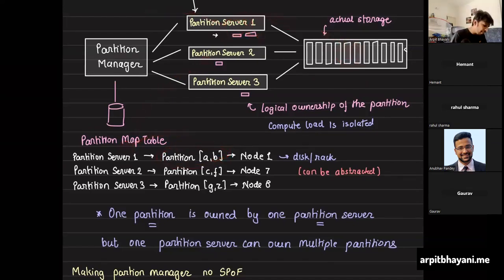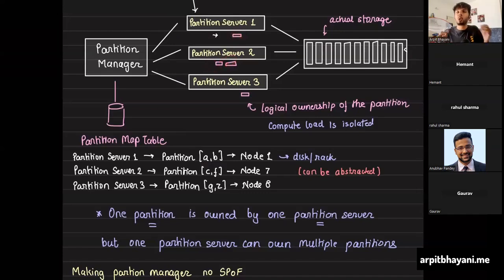Right. Now, if partition server 1 is overwhelmed because it is handling multiple partitions, you can just move a partition from here to here, which is logical ownership. You just change the map so that partition server 1 no longer owns that particular partition. This is logical, not physical data movement.